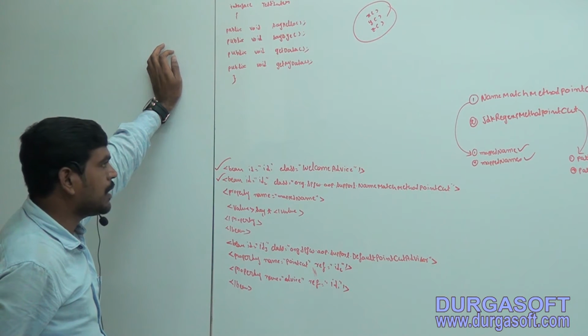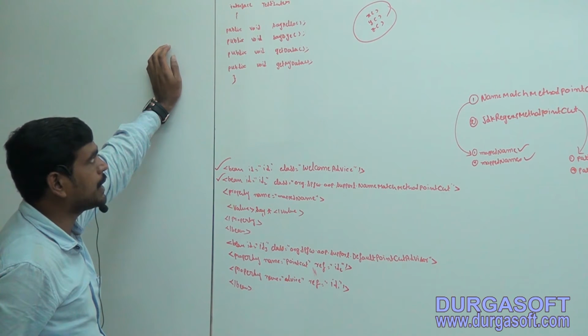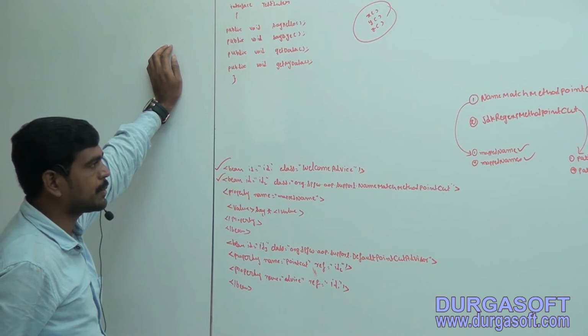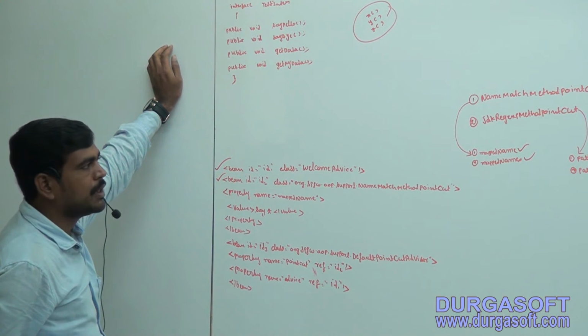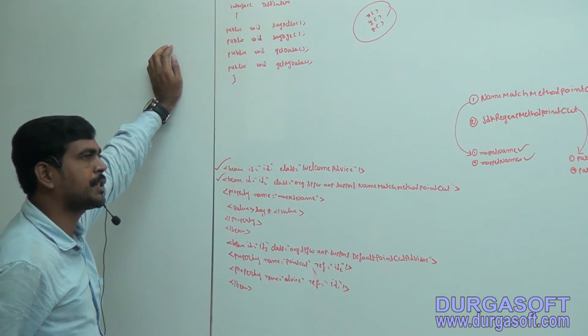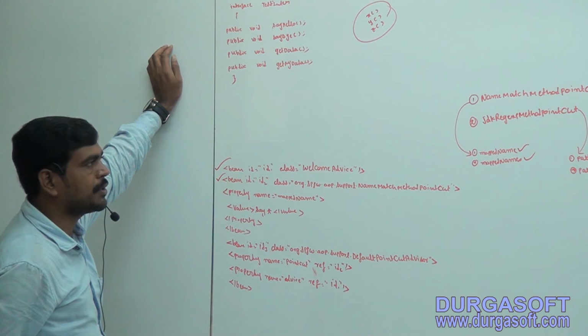right? Like this we can configure our business methods. We can compare our business methods through some regular expression, through some name. If we want to compare our business methods through some regular expression, now what we have to do?